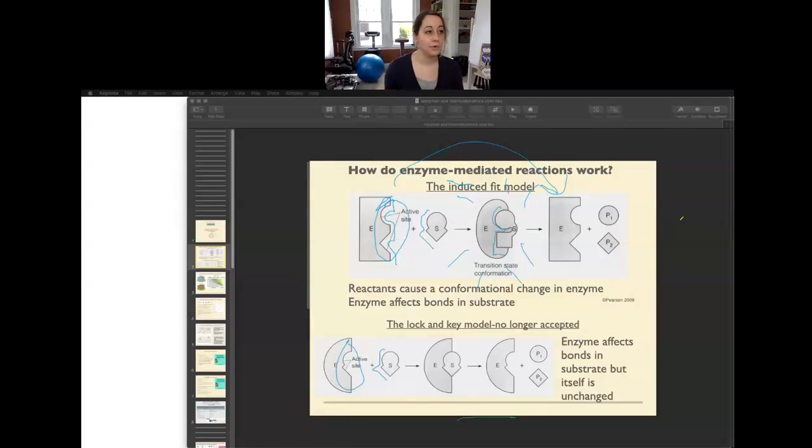And enzymes, therefore, need to return to their original state after they perform a reaction. They're not going to have lost any atoms or any hydrogens themselves. They're not going to have broken any bonds or formed any bonds within the enzyme that cannot be reversed. Okay?